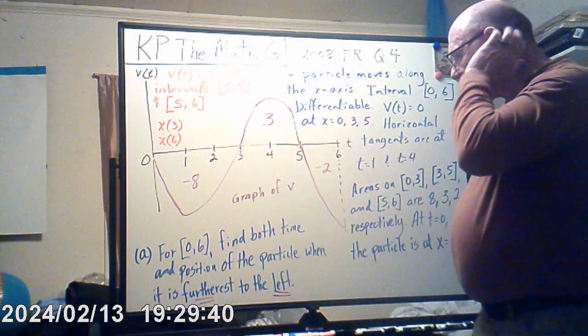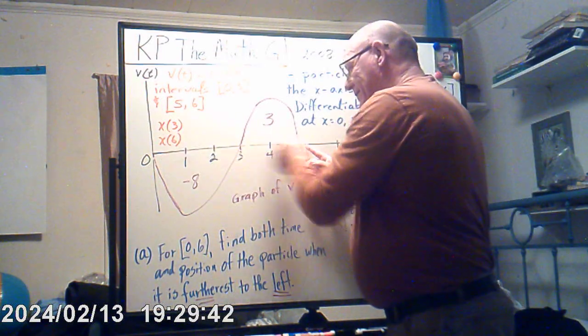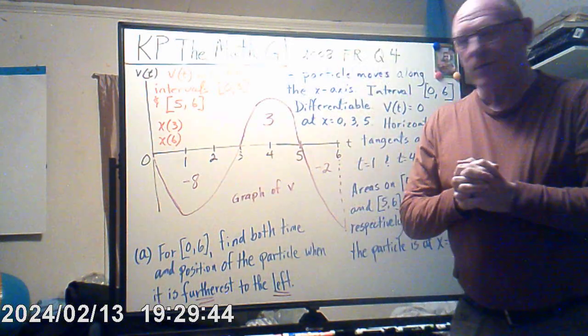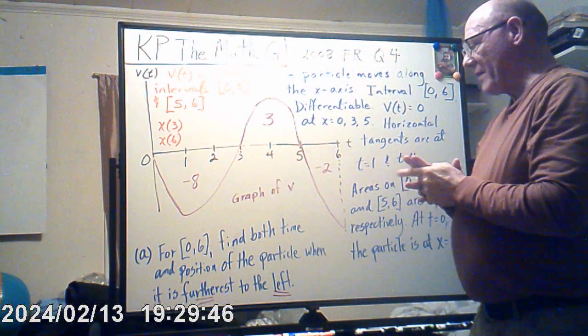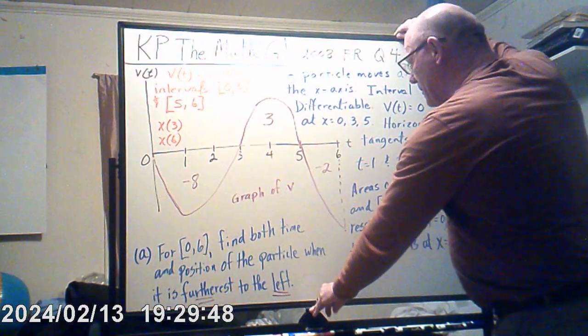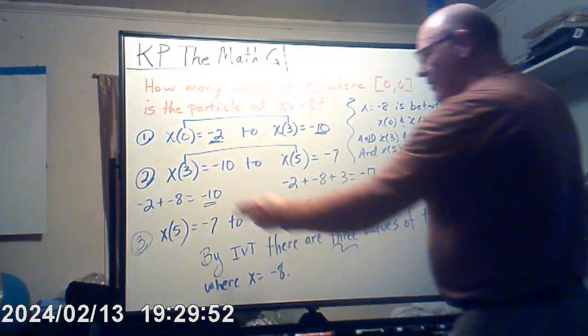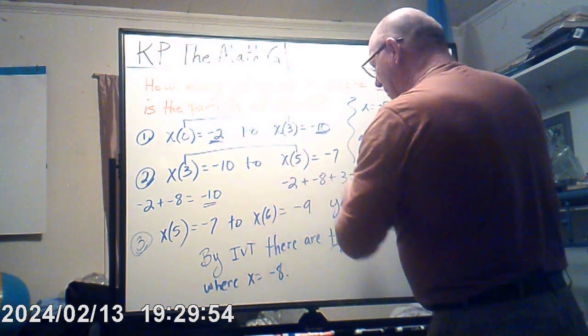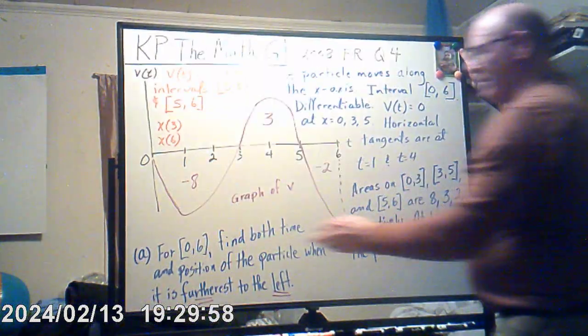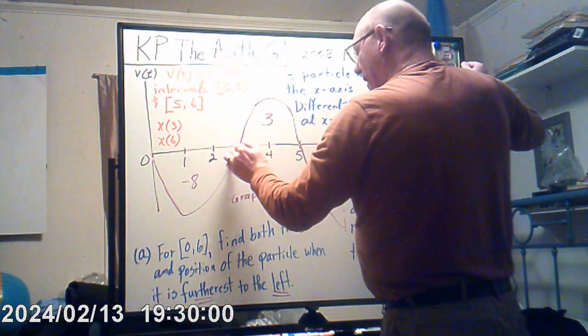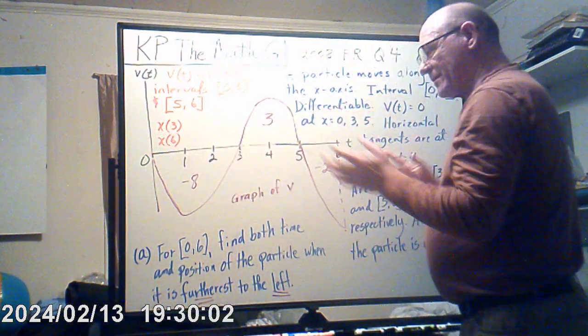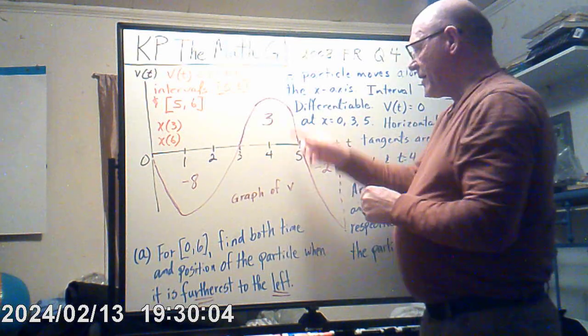And also, somewhere on that interval, because as we just pointed out, x at 3 is negative 10 and x at 5 is negative 7. So from 0 to 3, and then from 3 to 5, we get that, don't we?